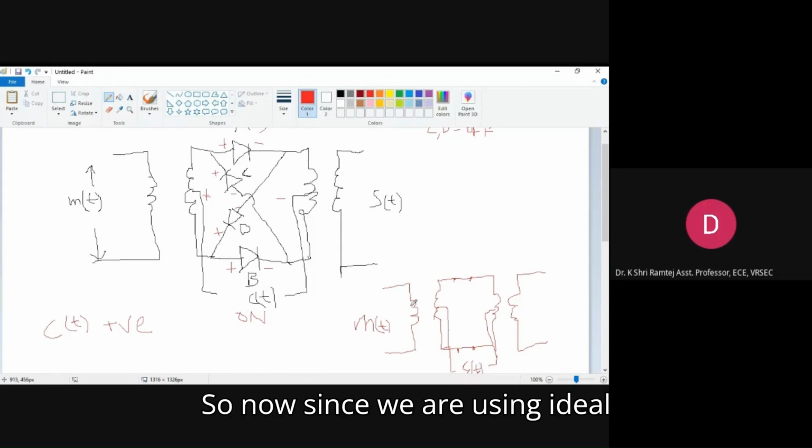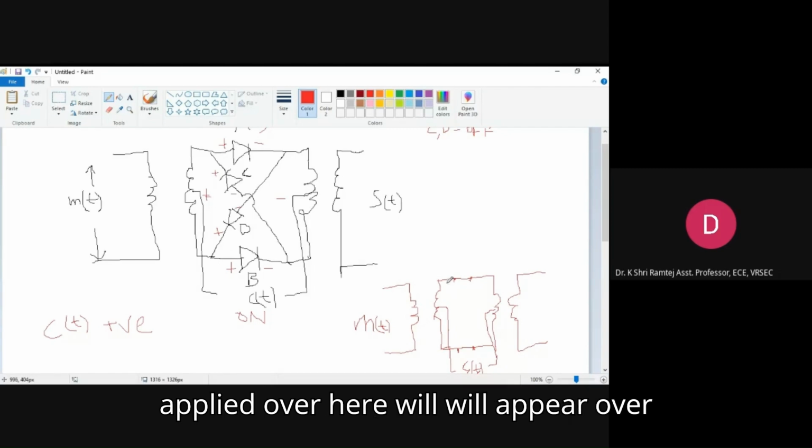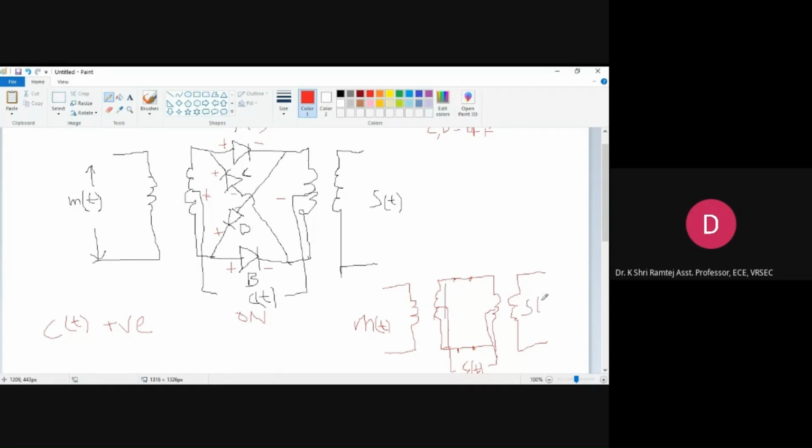Now, since we are using ideal transformers, the same M of t will appear over here, and here S of t will be same as the input. That is, S of t will be equal to plus M of t.